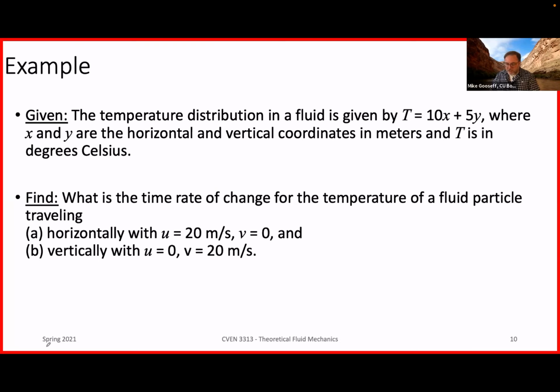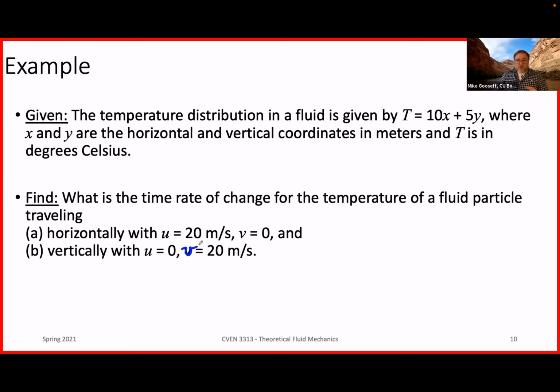So what is the time rate of change for the temperature of a fluid particle traveling, 2 cases now, A, horizontally with u equal to 20 meters per second, and v, the vertical velocity, equal to 0, and B, a second case, where you're just moving vertically with u equal to 0, so we're not moving horizontally, and v equal to 20 meters per second, okay?